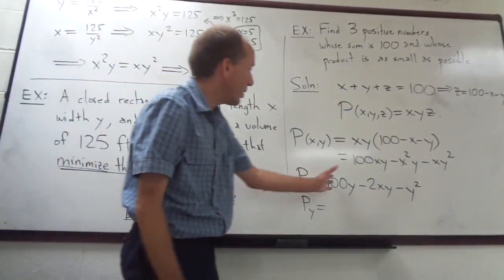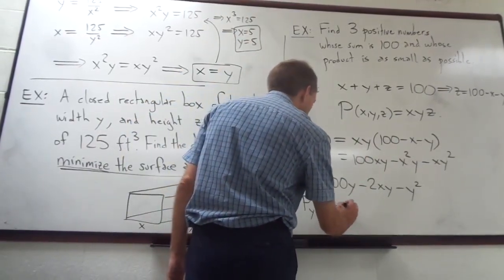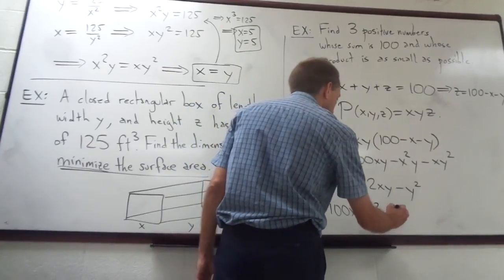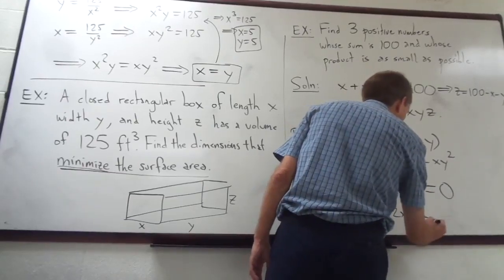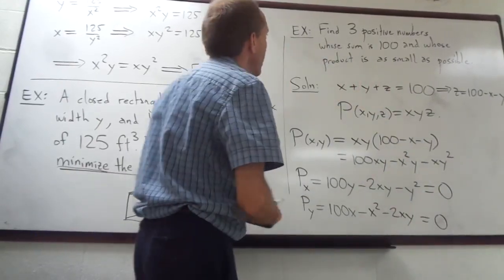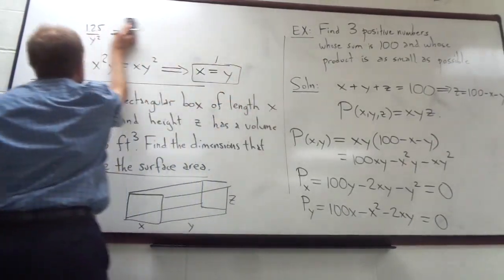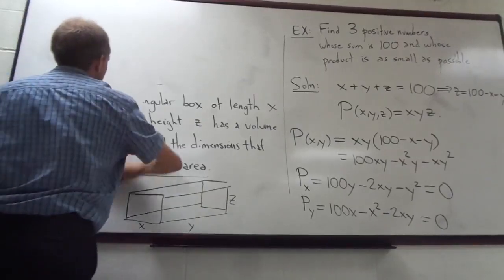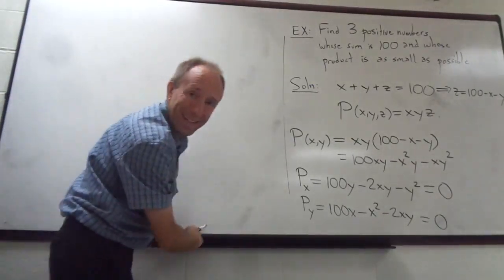And when I differentiate this with respect to y, I'm going to get 100x minus x squared minus 2xy. And both of these need to be equal to 0. Now all three of those numbers, x, y, and z, they are all positive. So none of them can be 0.